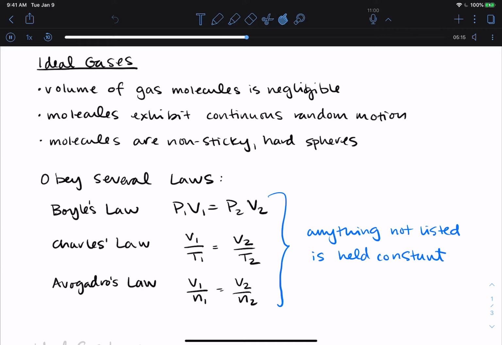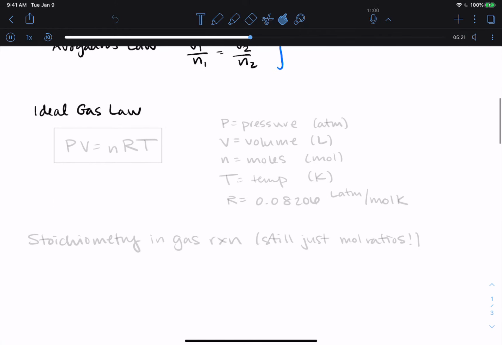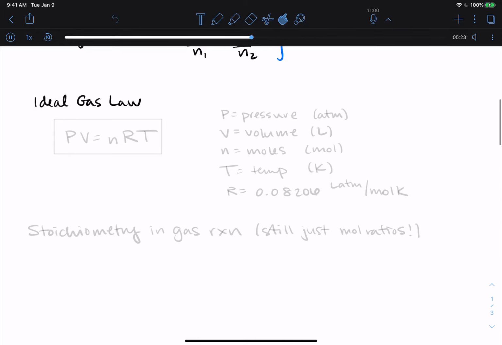So, finally, we can give you the ideal gas law, although depending on what chemistry you've taken previously, you're probably familiar with it. This is PV equals nRT. And let's just get every definition here, right? P is pressure in atmospheres.